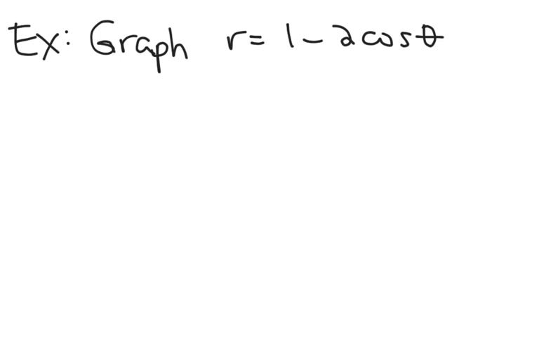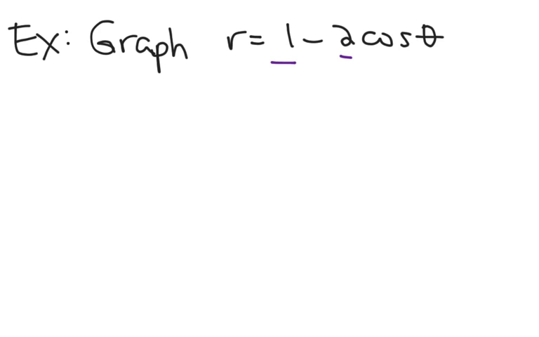Let's talk about what happens in these graphs when these two values are not the same. In the last graph, if those two values are the same, then we get this little dimple in the graph.